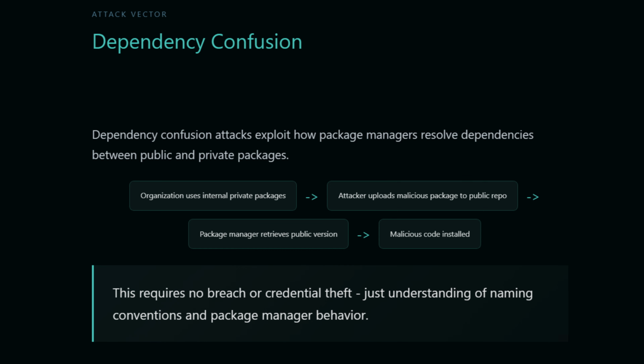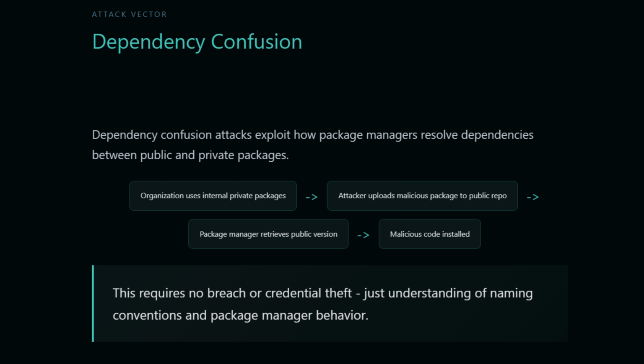Dependency confusion attacks exploit how package managers resolve dependencies between public and private packages. Many organizations maintain internal private packages for proprietary code while also using public open source packages. Package managers search multiple repositories and may have complex rules for determining which version to use.